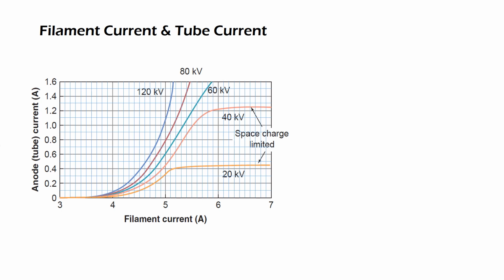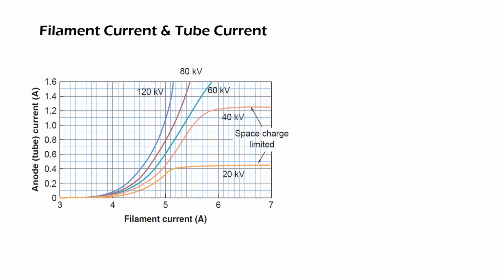Whereas, at 80 kV, if the filament current is raised from 4 ampere to 4.1 ampere, the tube current increases by 0.03 ampere or 30 mA. This is because the amount of thermionic emission increases rapidly as the filament current is raised.